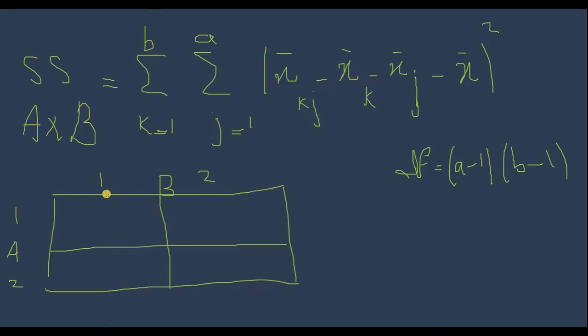So k was for levels of B, so each cell minus the x bar of each level of B, minus the x bar of each level of A, plus the whole average, and we do it for all levels of A and B. And the degree of freedom in here is 1, because 2 minus 1 multiplied by 2 minus 1 is 1.